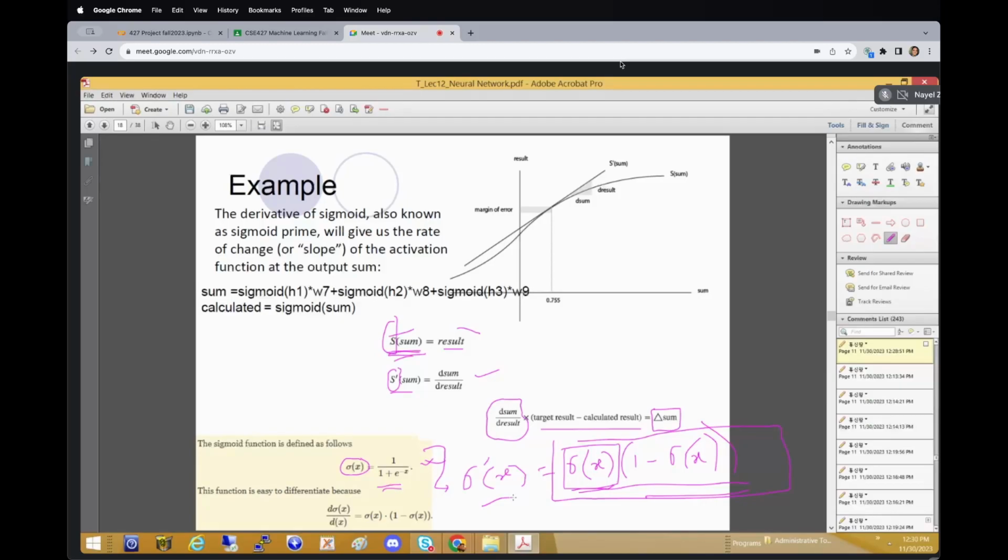This is a very interesting property because it saves computation time. We have already computed the sigmoid of the sum, so whatever value we get from it, that value times 1 minus that value will be our derivative of the sigmoid of the sum.